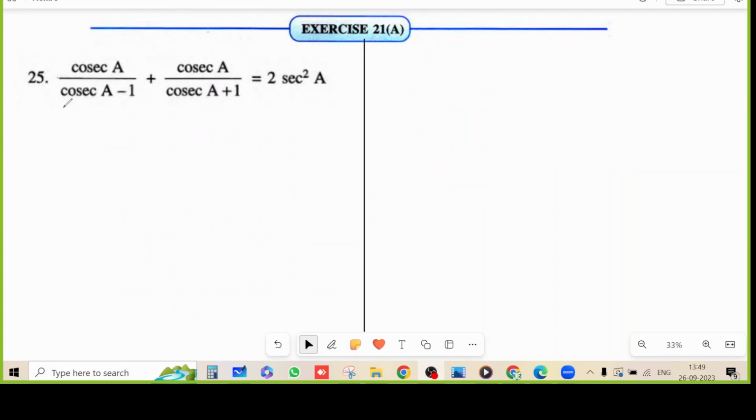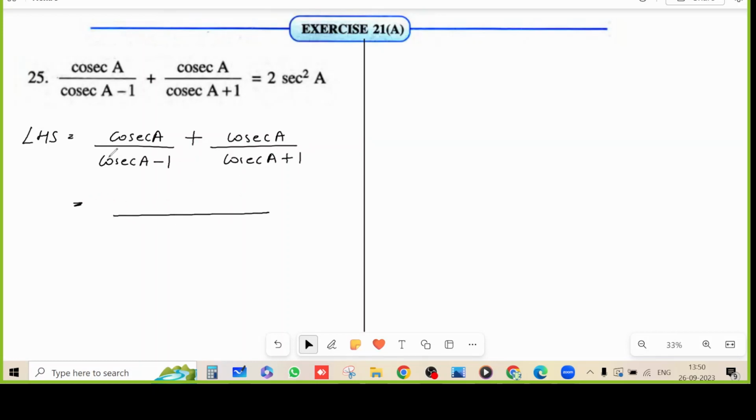Let's now begin with question number 25. The left hand side is equal to cosec a divided by cosec a minus 1 plus cosec a divided by cosec a plus 1. So here we will take the LCM. Now this is of the form a minus b into a plus b.